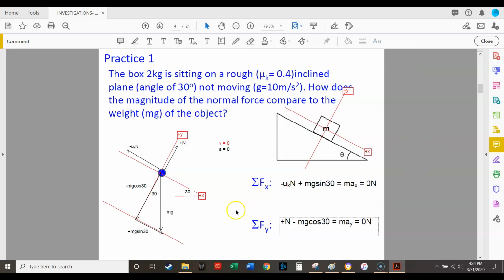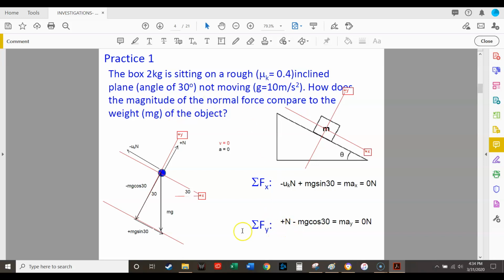And now we could ask a number of questions. What would be the coefficient of friction, for example? You would have to solve this for n, and then plug it into here. There's a lot of things that we could do here. But what they're asking in the actual problem is, what is the normal force compared to the weight of the object?